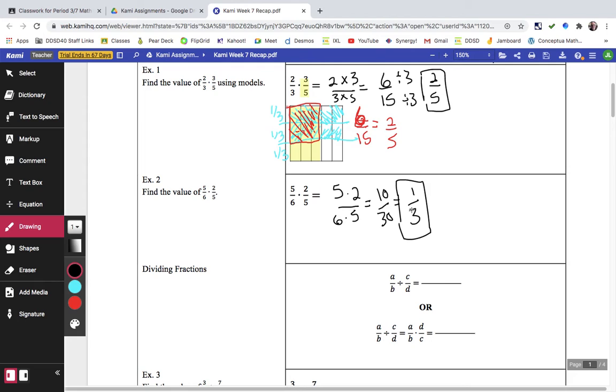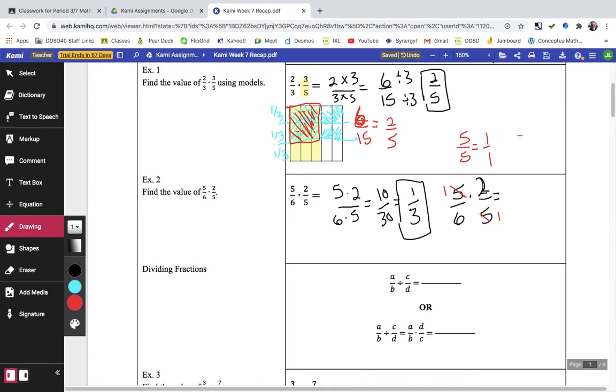And then we introduced a shortcut. So the shortcut looks like this. 5/6 times 2/5. We recognize that we're going to be multiplying and then dividing by 5 when we simplify, so we'll just not multiply in the first place. So 5 divided by 5 is 1, 5 divided by 5 is 1. It's the same as if we were to simplify 5 over 5 into 1 over 1.